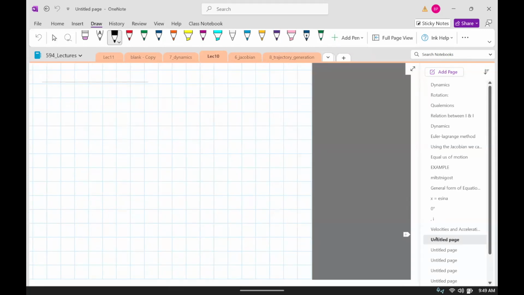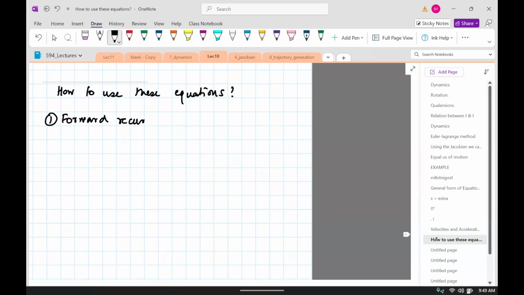So how to use these equations: we need to do a forward recursion for velocity and acceleration. We've seen this before when we talked about a manipulator.